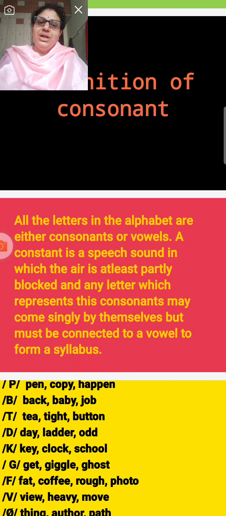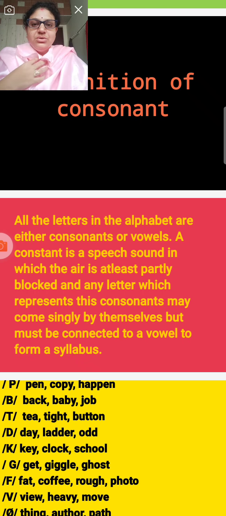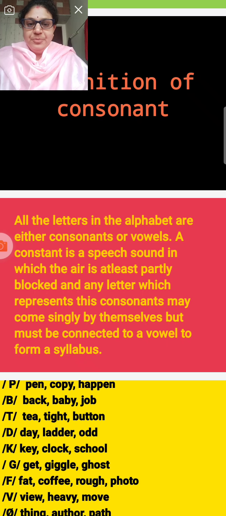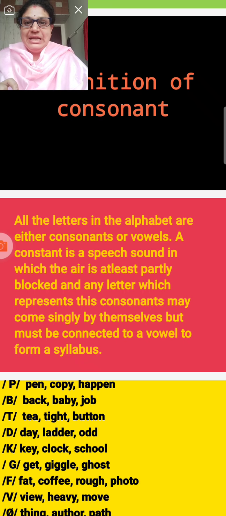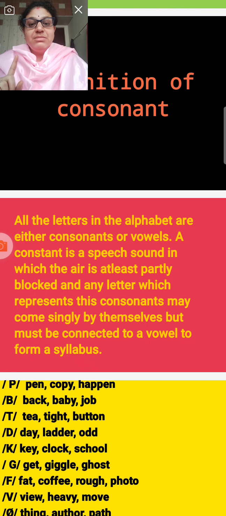A consonant is a speech sound in which the air is at least partly blocked, and any letter which represents these consonants may come singly by themselves but must be connected to a vowel to form a syllable.